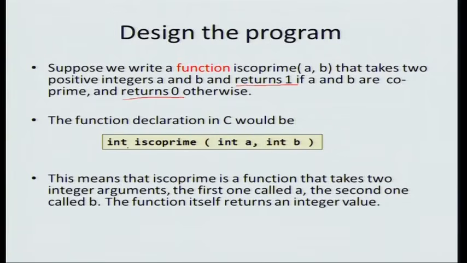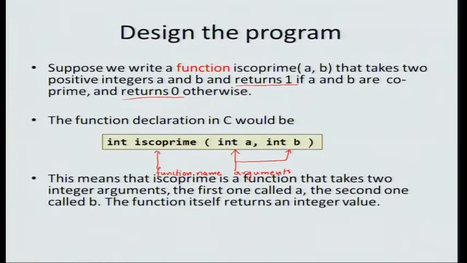The declaration will be written in the following way: int is coprime, int A, int B. This means that is coprime is the function name, and then it takes two arguments, A and B, which are of type int. So int A and int B.